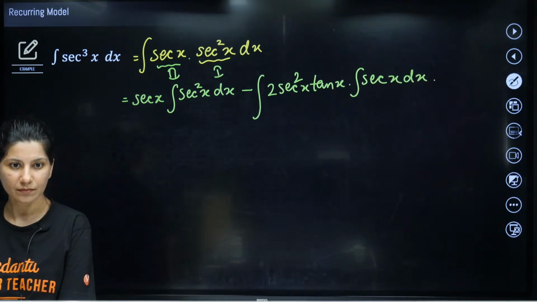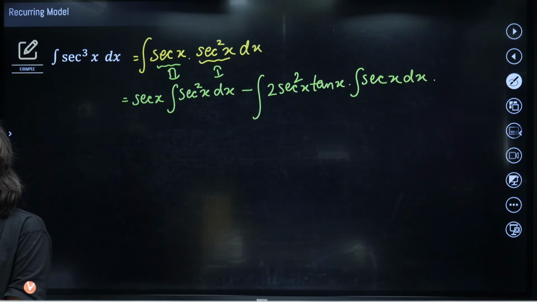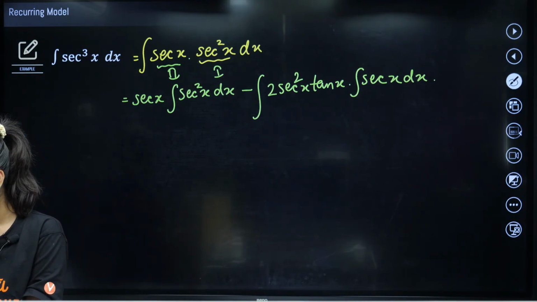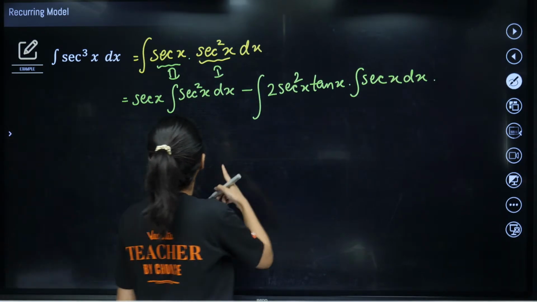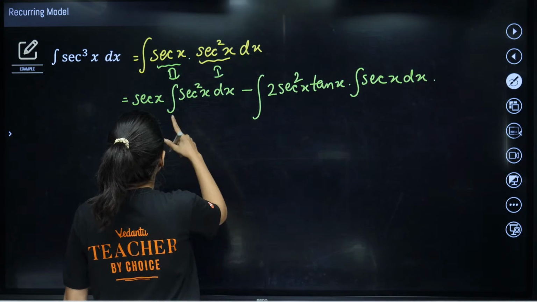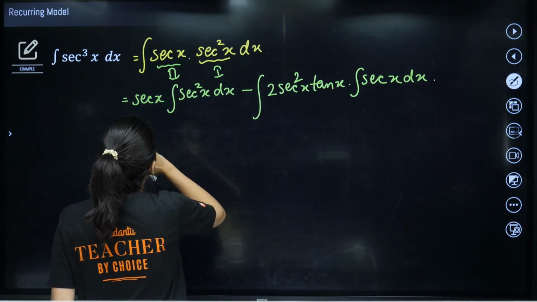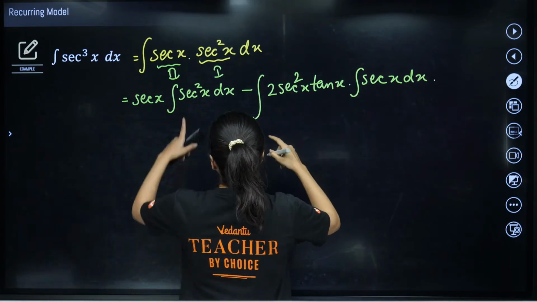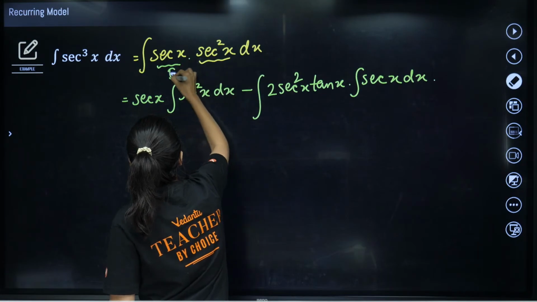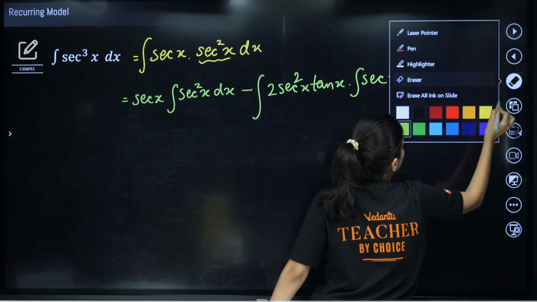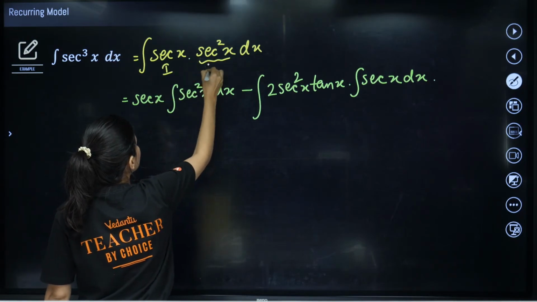Sorry, one second na. Second is this. Integration of second is this. Sorry. Second is this, right? First function is constant and this is second.